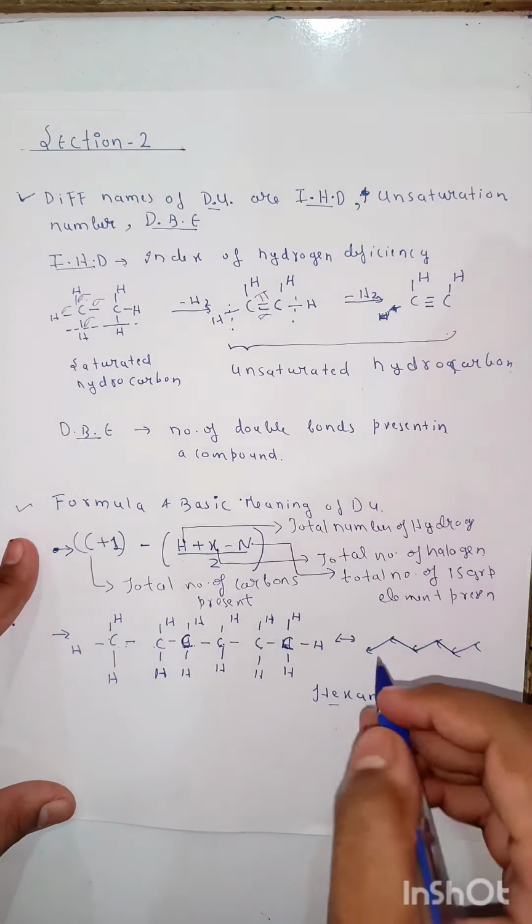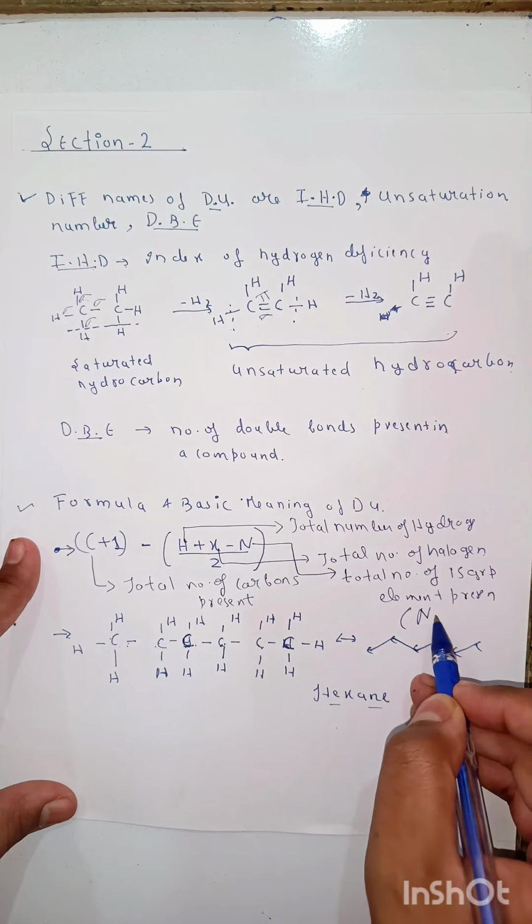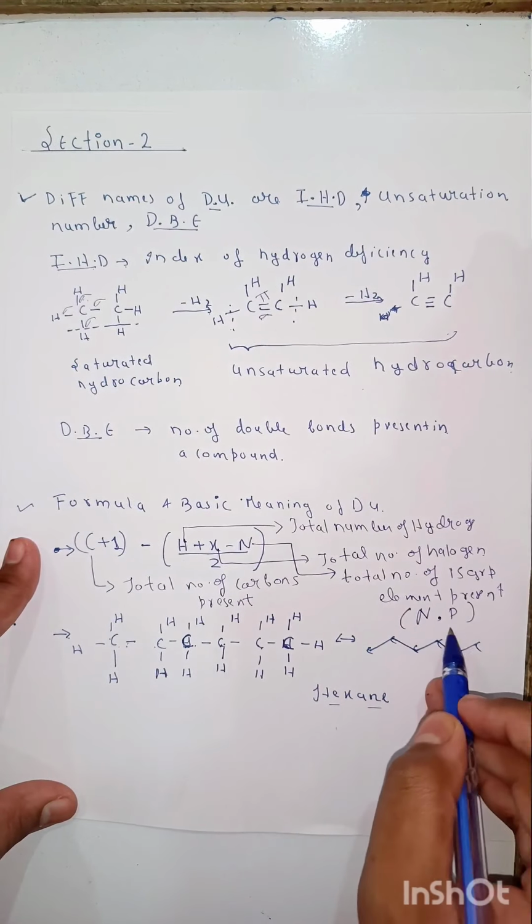Generally group 15 elements means nitrogen, phosphorus, etc.